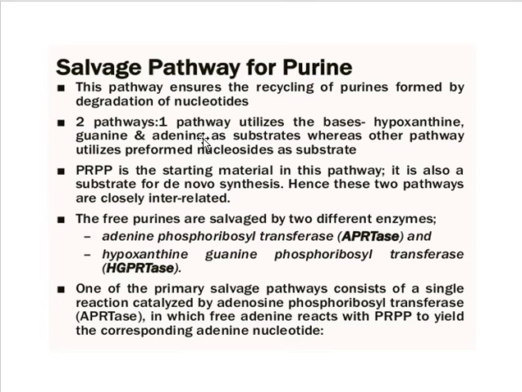In phosphoribosylation pathway, the bases hypoxanthine, guanine and adenine are used as substrates which undergo phosphoribosylation.